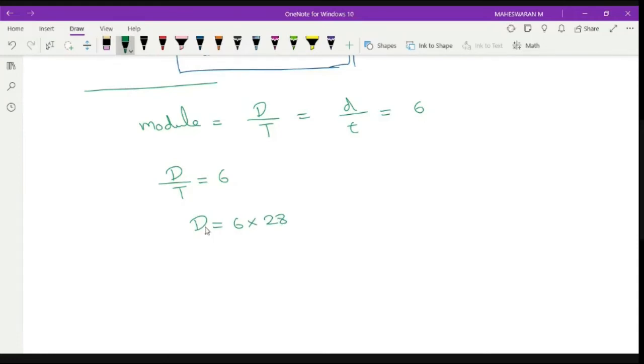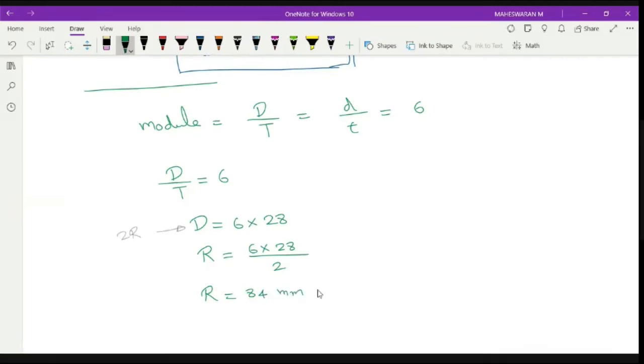Actually, this has to be in radius. This is diameter, that is very important. So radius will be equal to 6 into 28 divided by 2. D is 2R. So capital R is 84 mm.